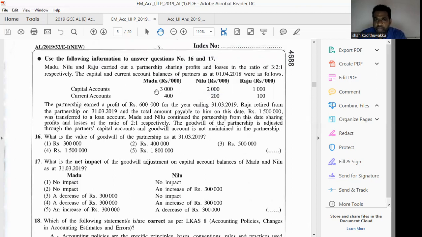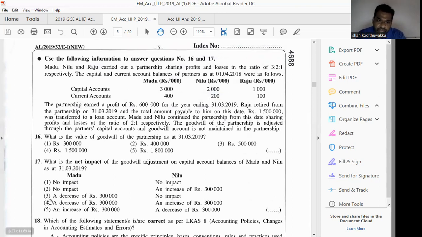Debiting 1,200 and crediting 900, the net effect will be 300 debit. That means if you debit a capital account, that means a decrease in capital.